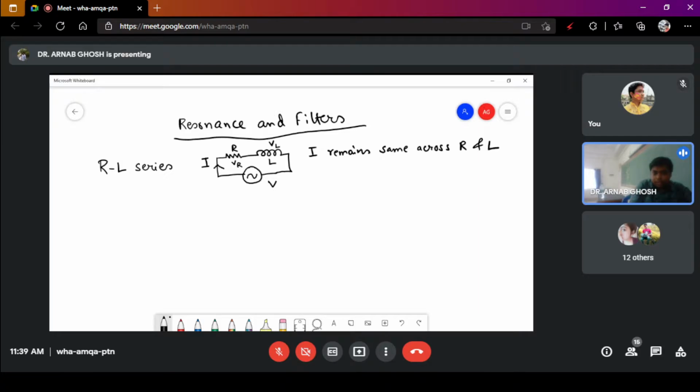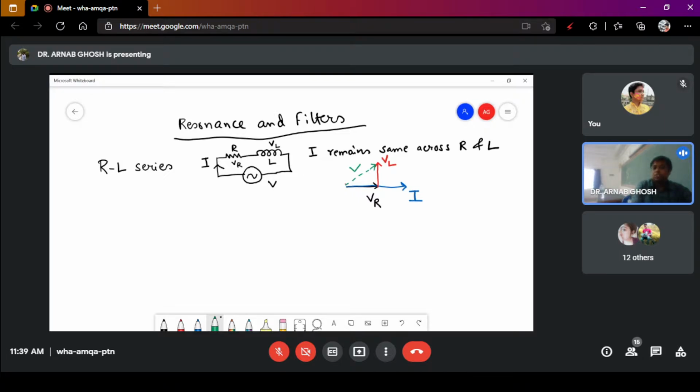If you draw the phasor, say this is your VR, then this will be your current, that is I. And because the voltage across the inductor leads the current by an angle of 90 degree, this will be your VL. So this is the resultant voltage phasor.